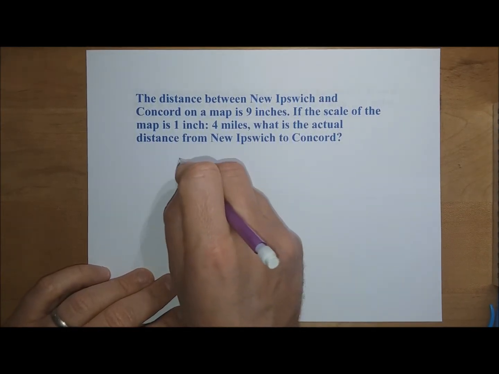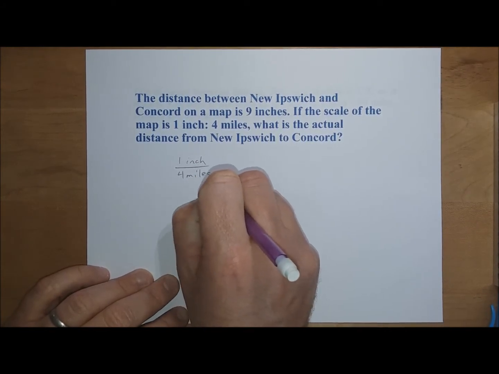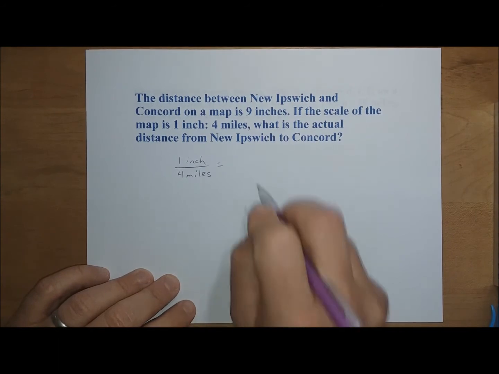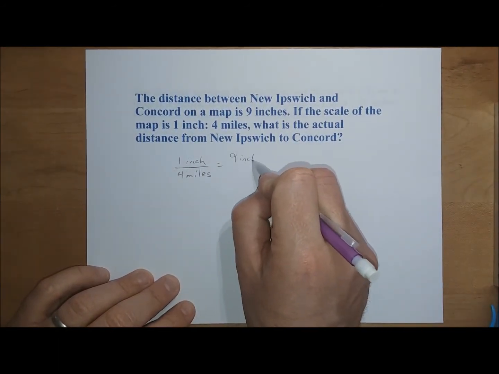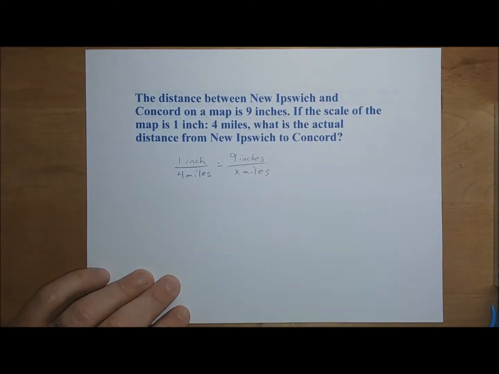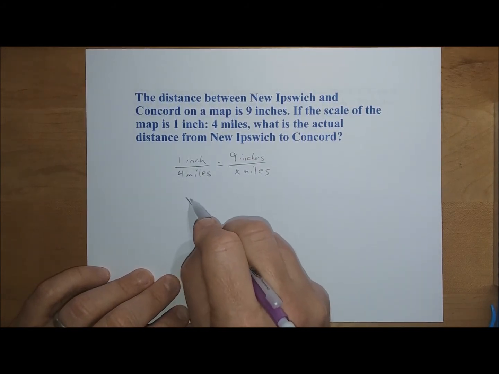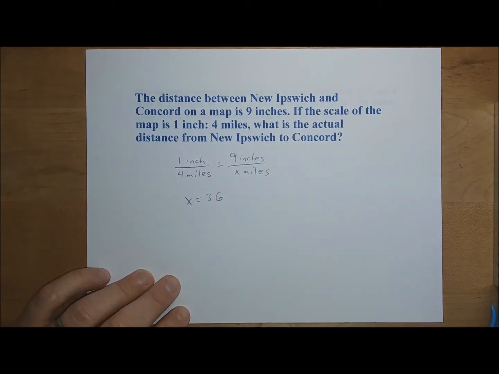You could say 1 inch over 4 miles equals 9 inches on the map over x miles. We could cross multiply here, and we get 1 times x is x equals 9 times 4 is 36. So the actual distance would be 36 miles.